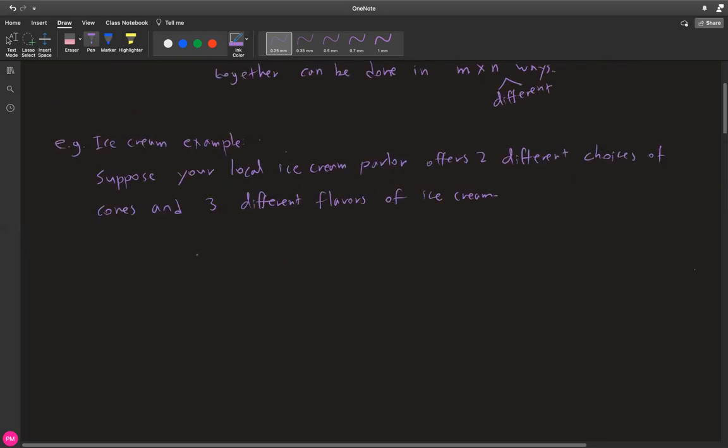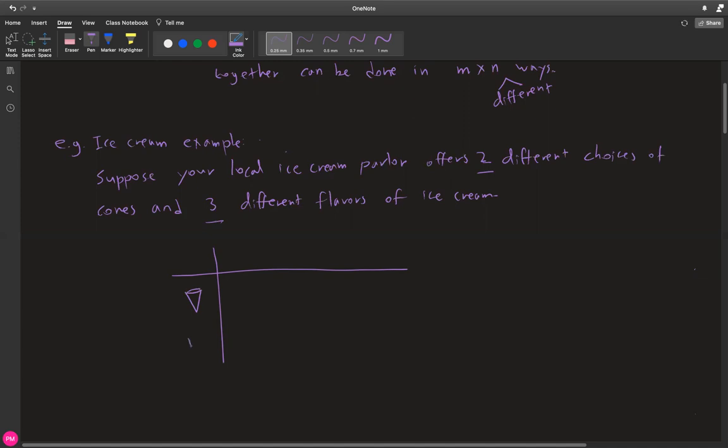It's actually quite simple because we have two different cones. So the choice of cones, you have two. And for the choice of flavors, you have three. So let's actually draw a table for easier description. Here are the cones. Let's say they have a pointy cone. I'm not a very good drawer, but let's say that's a pointy cone.